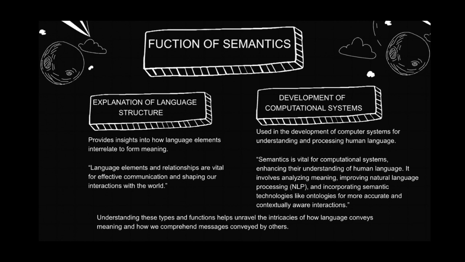It involves analyzing meaning, improving natural language processing, and incorporating semantic technologies like ontologies for more accurate and context-aware interactions. Understanding these types and functions helps unravel the intricacies of how language conveys meaning and how we comprehend messages conveyed by others.